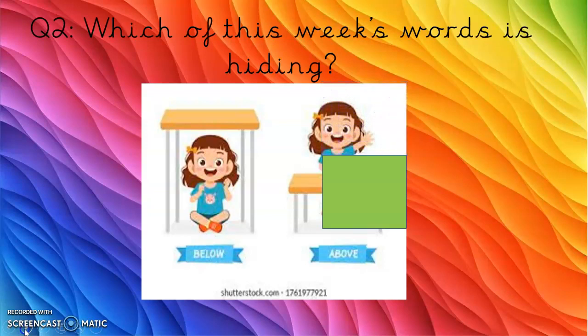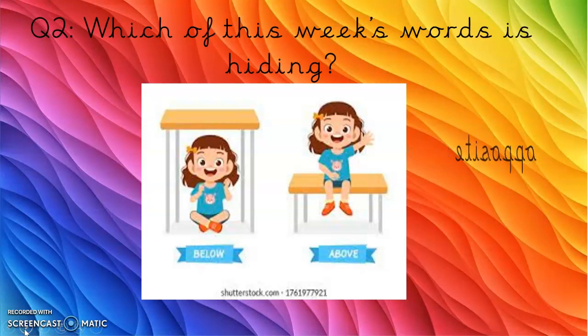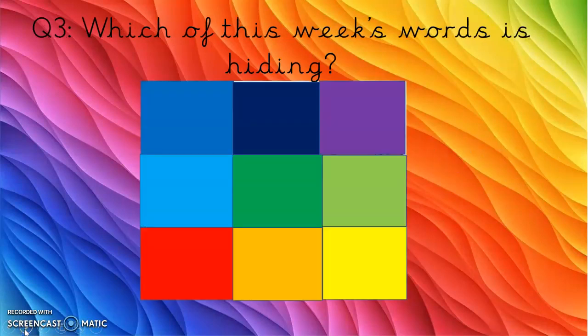One girl is above the table, one girl is below the table, so they are in opposite places. You've got it. Write it down. Opposite. Good job. O-P-P-O-S-I-T-E. Fantastic.